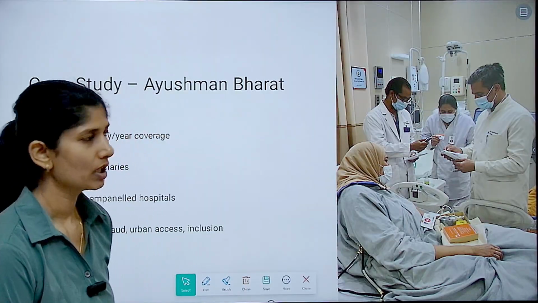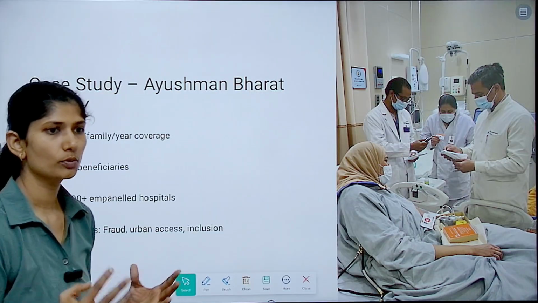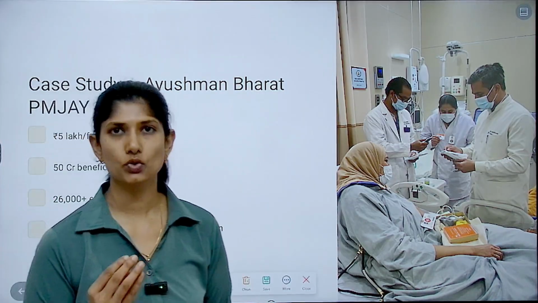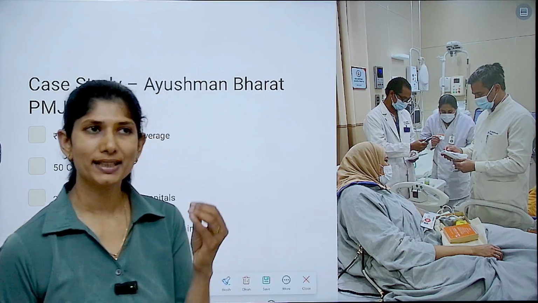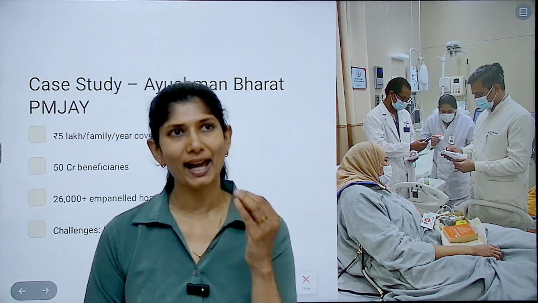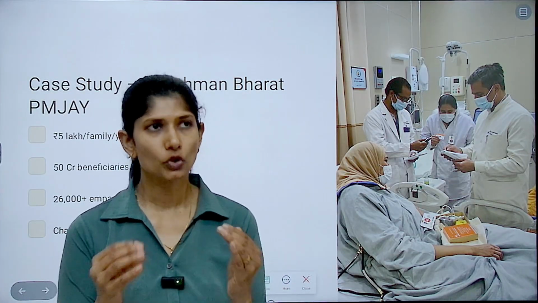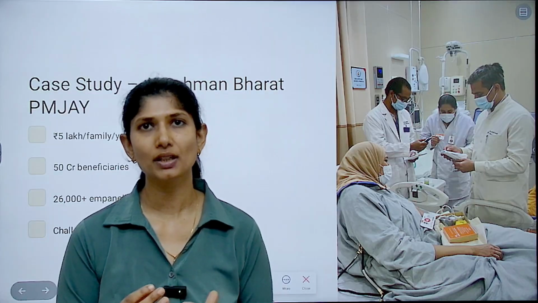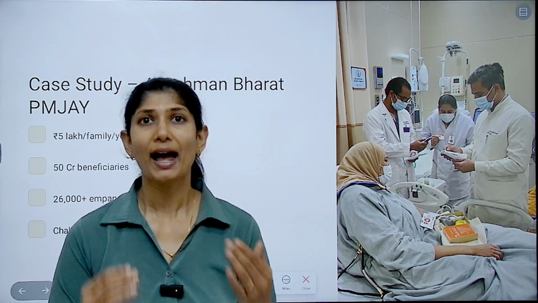Okay, in depth. One example we can take is your Ayushman Bharat. The whole point of Ayushman Bharat was to give an insurance coverage, but in such a manner that it will be cashless and paperless. Understanding? So in that manner, what will happen? The person can be, in case any issue happens, hassle free.